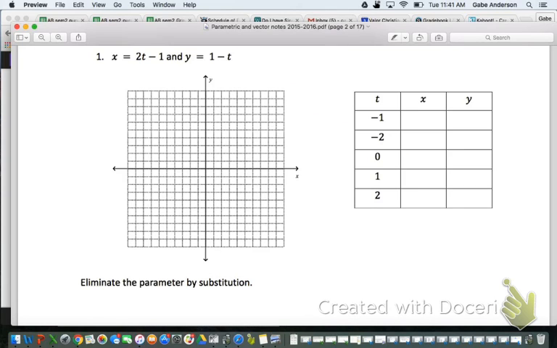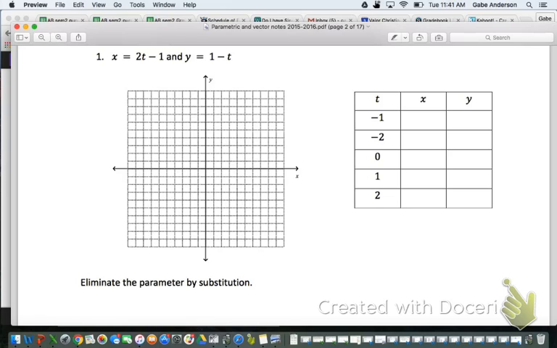How this works is really how we typically have done things. We're going to do some plugging in, inputs and outputs. The t's are going to be your inputs. The x's and the y's are going to be your outputs. So for this first one, x is equal to 2t minus 1, and y is equal to 1 minus t. What would you say our t step is? 1, right? Negative 2, negative 1, 0, 1, and 2.